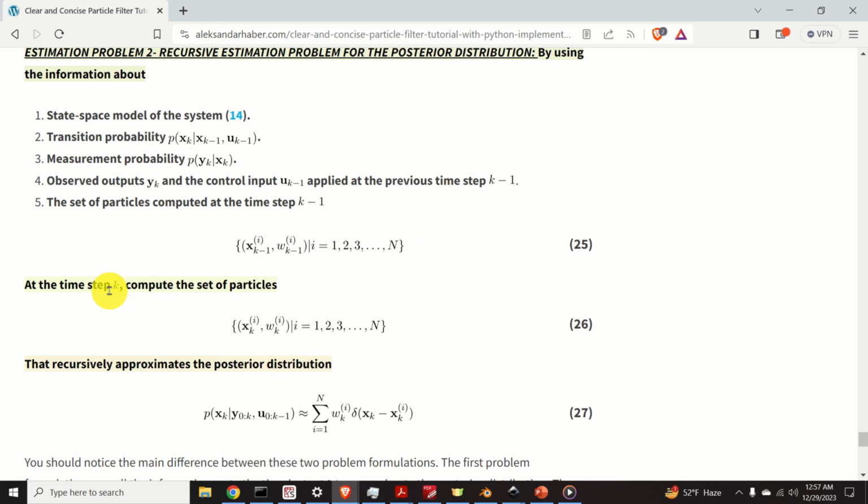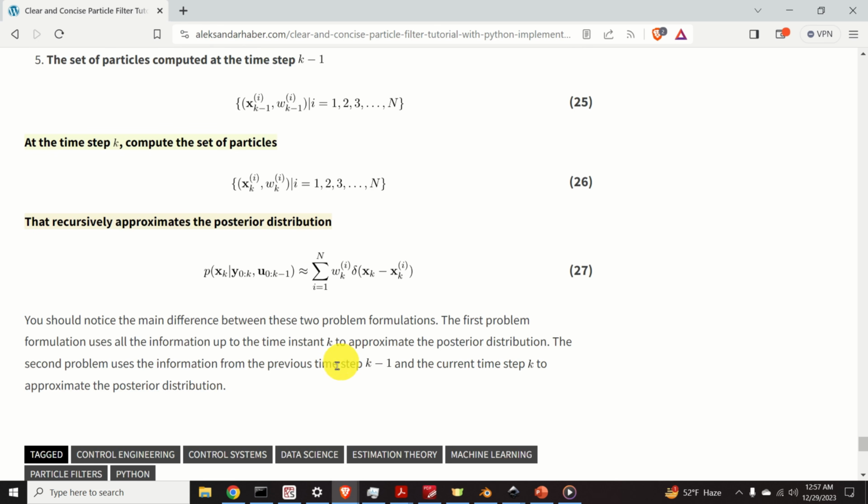At the time step k, we want to compute the set of particles, here's the set, and notice the time index of k. That is, we want to go from this set that has a time index of k minus 1 to this set that has a time index of k. And this set recursively approximates the posterior distribution given by this equation.